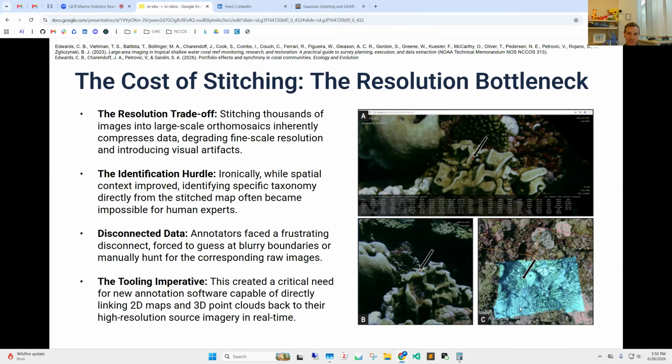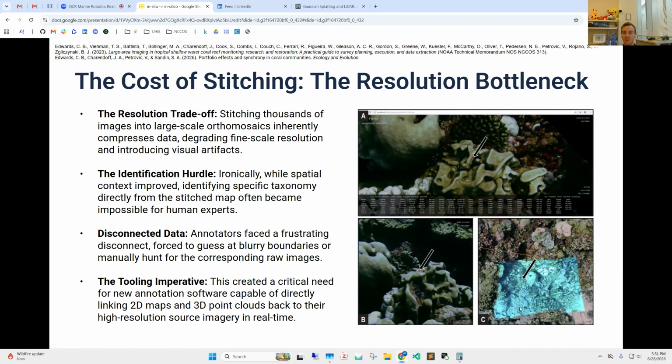Large area imaging gave us this incredible spatial context, but it also introduced a highly ironic technical problem. Even though you have these orthomosaics that give you the entire area of the reef that you're looking at, orthomosaics still have issues with resolution. They're not always particularly high, and they also contain stitching artifacts. So oftentimes, folks looking at orthomosaics can't actually identify the species they're looking at because the resolution is too low.